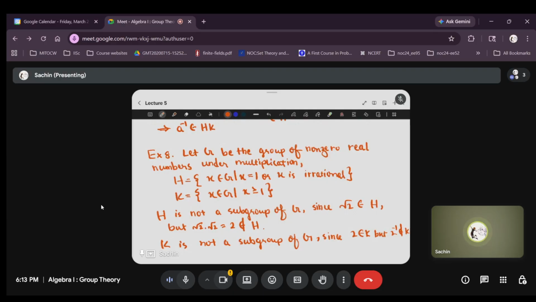So in this case, the inverse does not exist in K. The inverse exists in the larger group, the set of non-zero real numbers, but not within K itself. So K is not a subgroup.